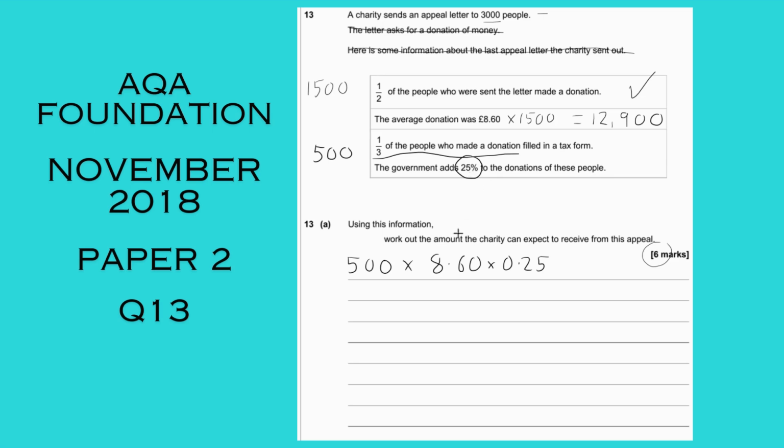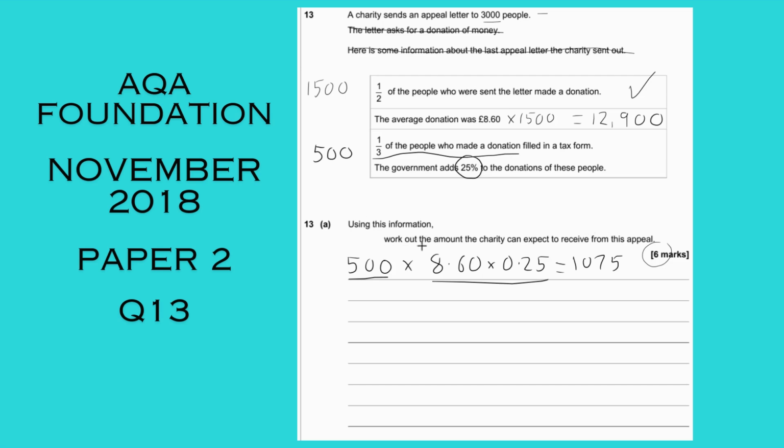So you've got these 500 people filled in the form, so the government is adding on £8.60 times 0.25 extra. Into your calcs, let's stick it all in. 500 times 8.6 times 0.25. So that means the government are adding on a £1,075 donation.